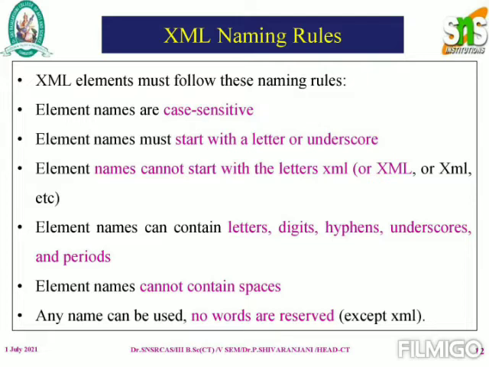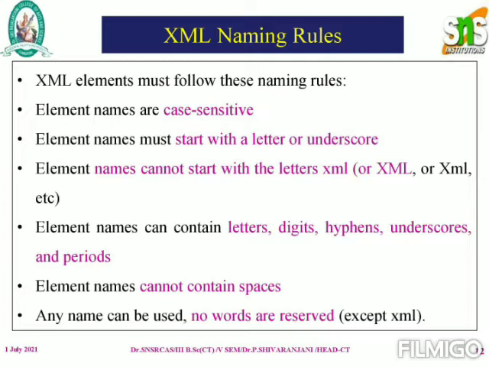The XML document or XML element must be named based upon certain rules. The first one is that element names are case sensitive. The element name must start with a letter or underscore. The element name cannot start with the letters XML, whether capital, small, or a combination of capital and small letters, because it is a reserved keyword.